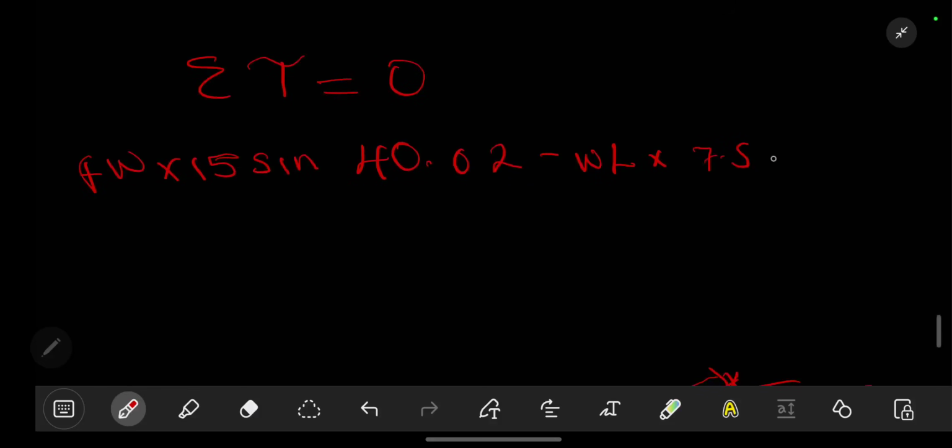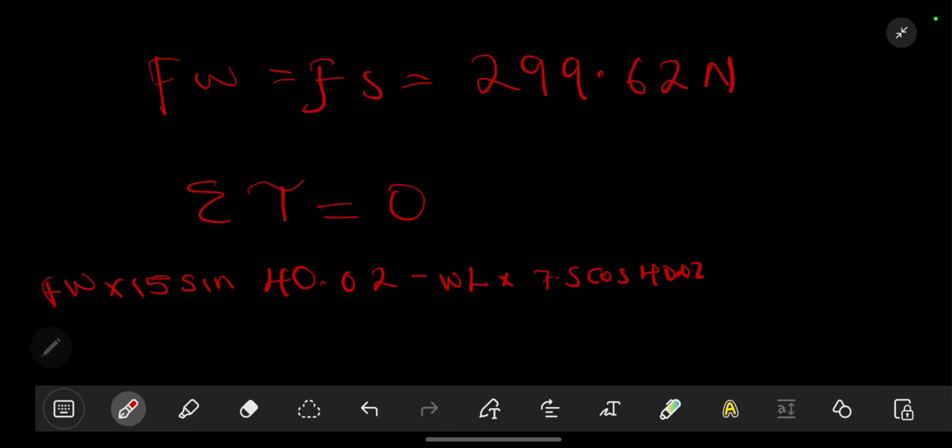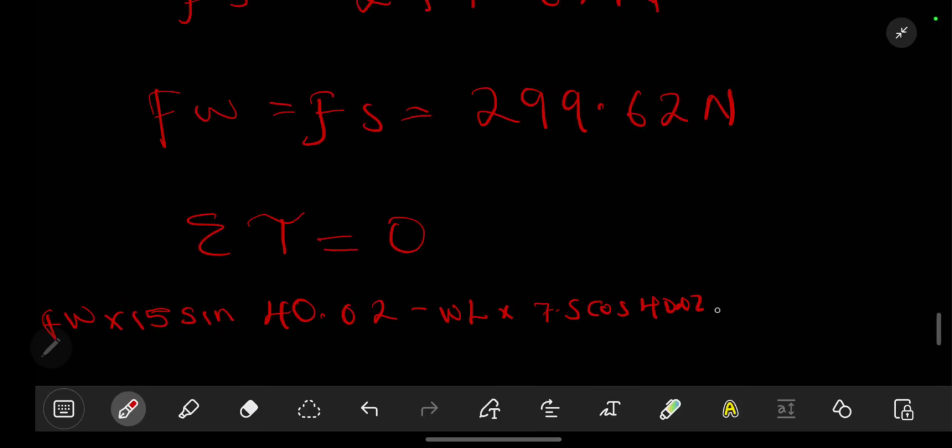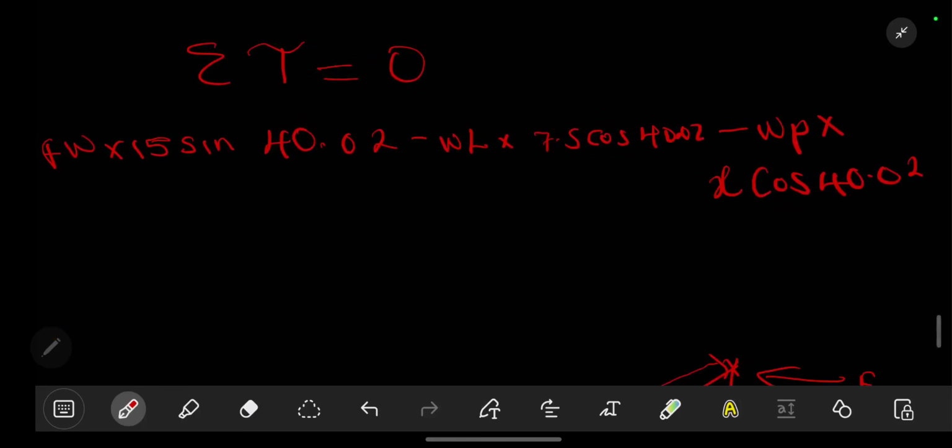Then we are going to use the cos of our 40.02 minus the weight of the person times, we don't know the distance, so we are going to say x times the cos of 40.02. You should now know how to identify the angles.